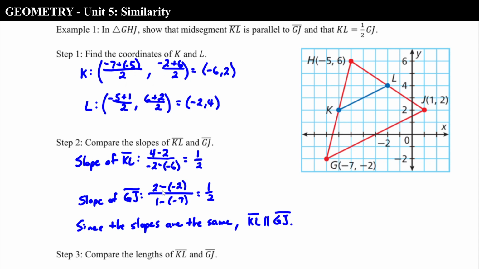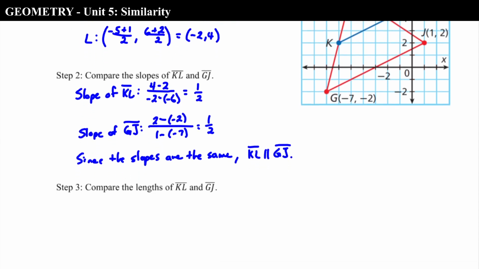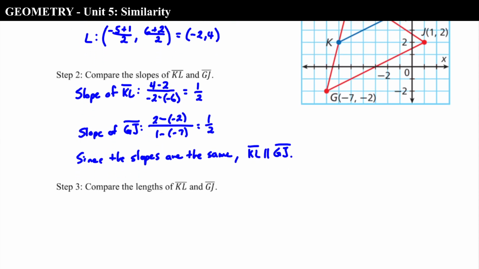The other thing that we wanted to find out is, is KL equal to 1/2 of GJ? We need to show that. So we are going to pull out the distance formula. So I'm going to have to cut this off a little bit. Refer to your notes to see what these points are. Okay.